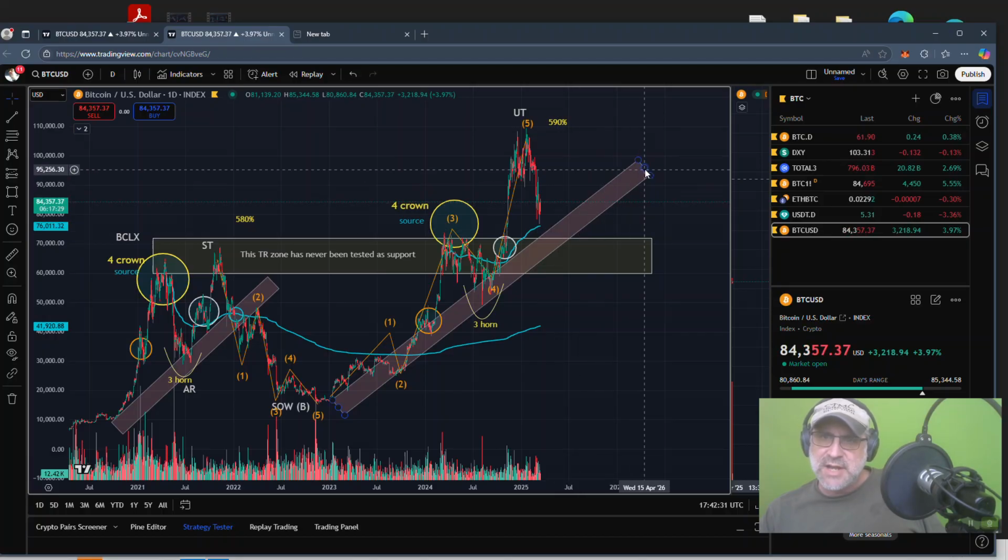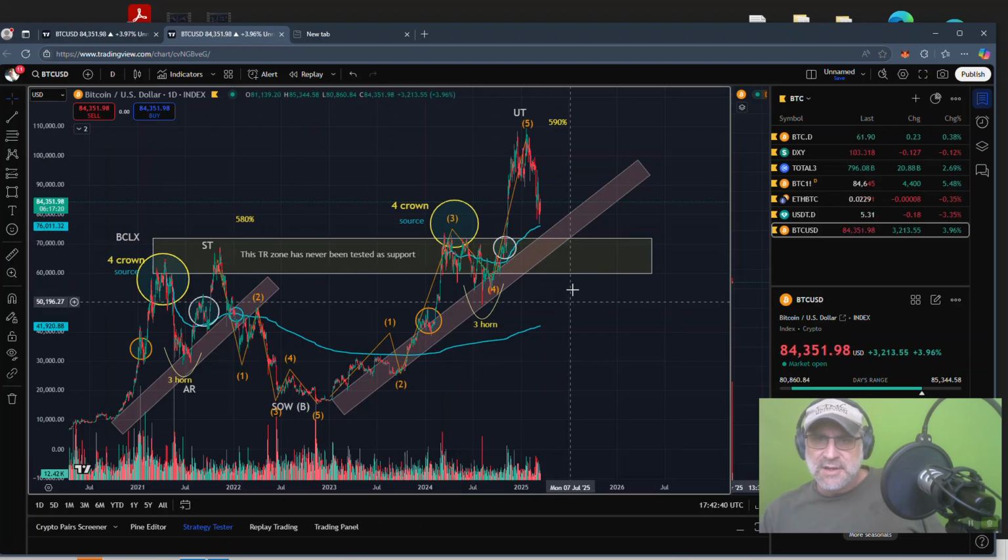in this macro trend support line, and in the midst of this trading range resistance, this big TR zone, again, that has never been tested. We could see it coming down here and forming another shoulder. We'll start to see some linear price action, consolidative price action.